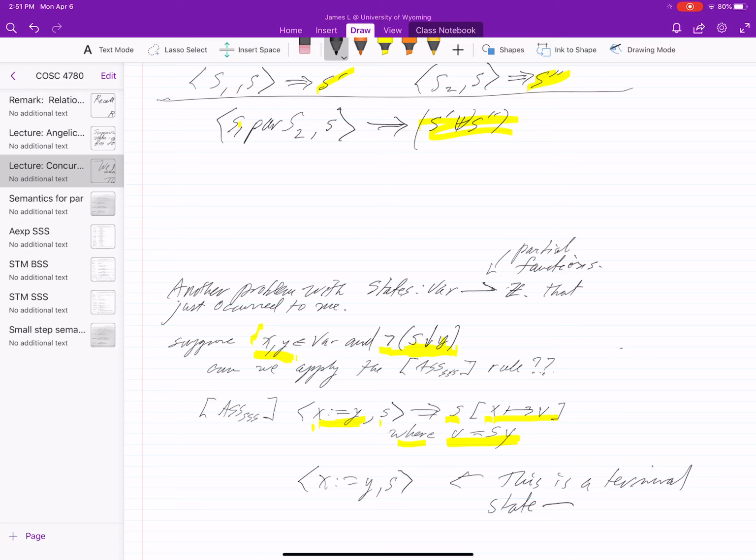So if it's not the case that Y is defined in S, then that implies this must be in T, I guess I could say.